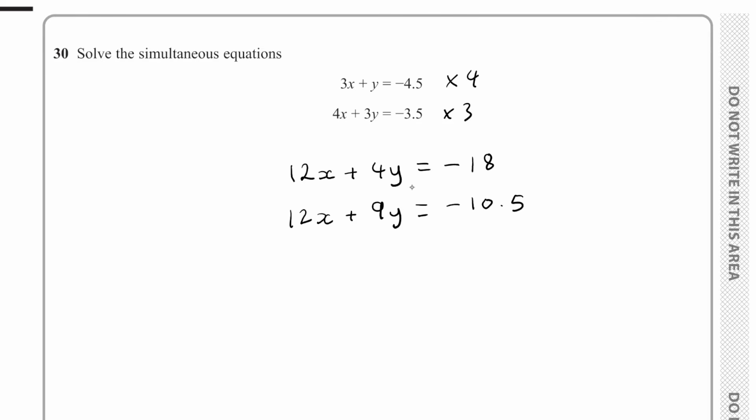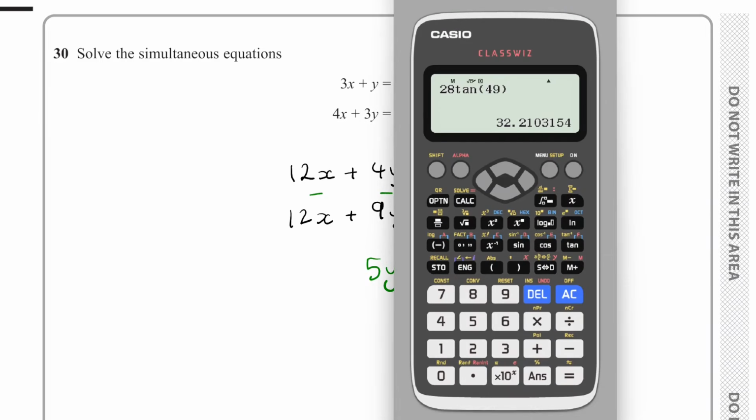Now we've got them the same, we can eliminate them. So do one equation, take away the other equation. I want to do the bottom one, take away the top one. So 12x take away 12x is nothing. That's why we're doing it, to eliminate it. 9y take away 4y is 5y. And negative 10.5 take away negative 18.